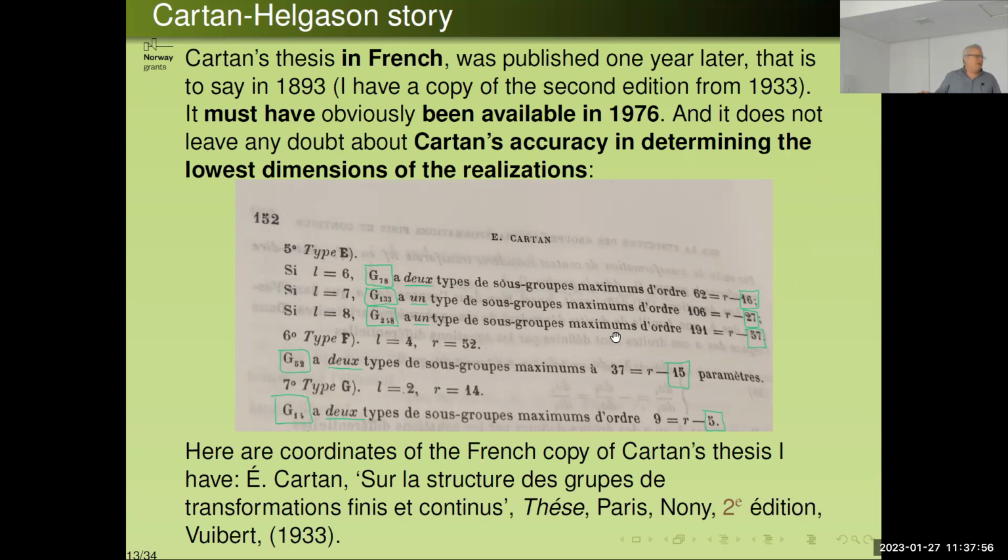He writes explicitly in French that type E has rank 6, rank 7, rank 8, then it's about type F, so it is E6, E7, E8, there's F4 here, and there is G2, and he says that actually E6 of dimension 78 has 2 types of realizations in dimension 16, because it has this maximum subgroup of dimension 62, and he says that there is 1 realization of E7 in dimension 27.